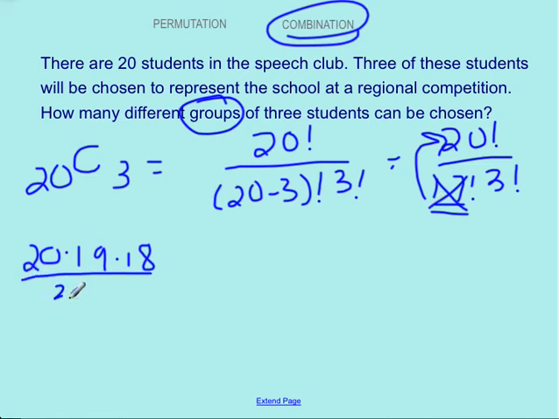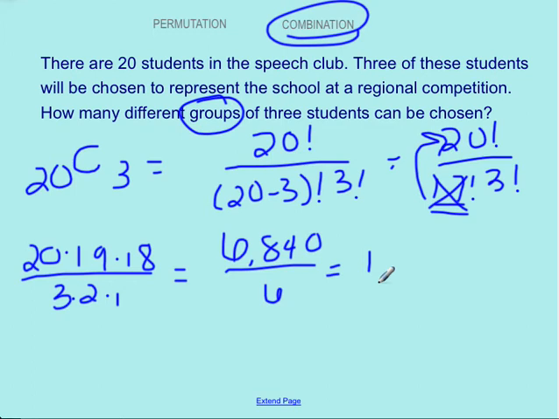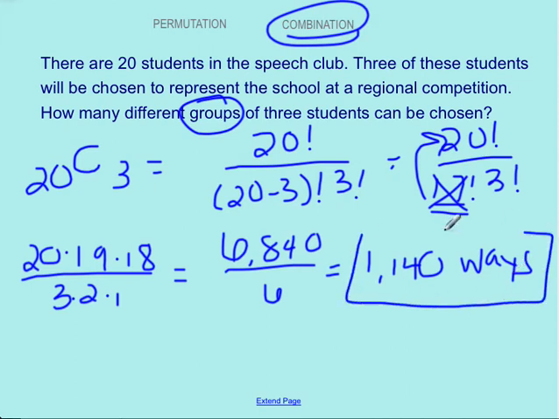On the bottom, everything that's left is 3 times 2 times 1. When you multiply out the top, 20 times 19 times 18, that gives you 6,840, and then divided by 6. You take that and divide it by 6, and you get 1,140 ways that you could pick teams to represent your school at the tournament.